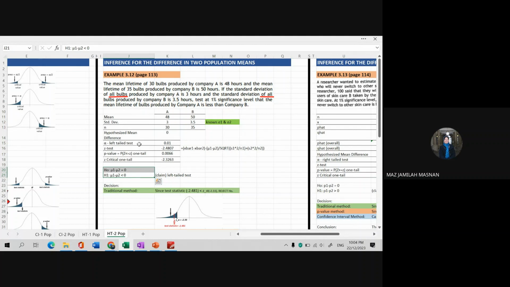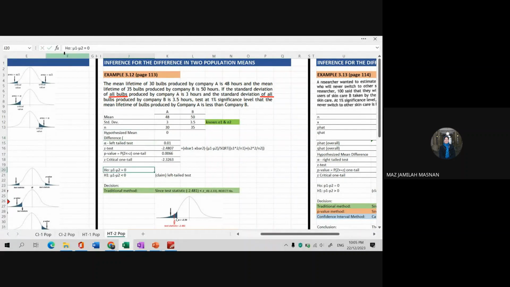Sometimes the hypothesized mean difference is your mu naught. If you look back at your textbook, you can put it as your mu1 minus mu2.